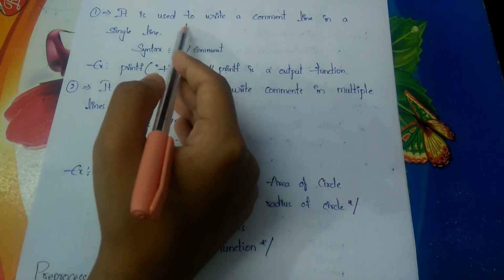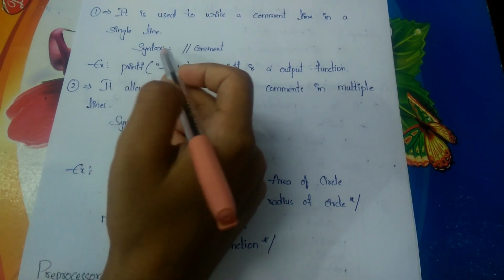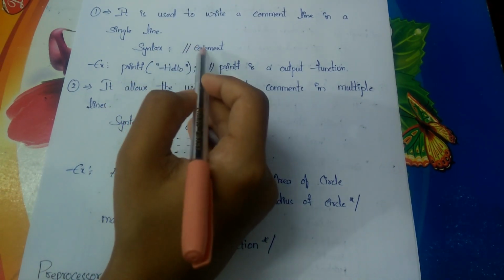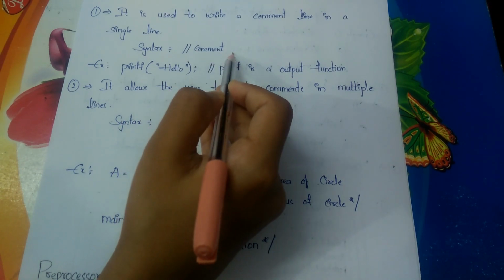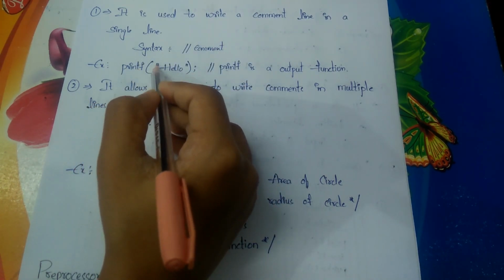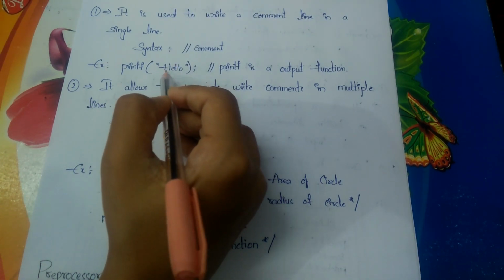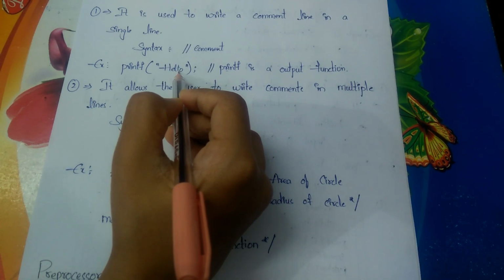The single comment line is used to write a comment in a single line. The syntax is two forward slashes and then I write the comment. For example, if we take printf with open brace and within double quotes I write hello, I want to get hello as output.